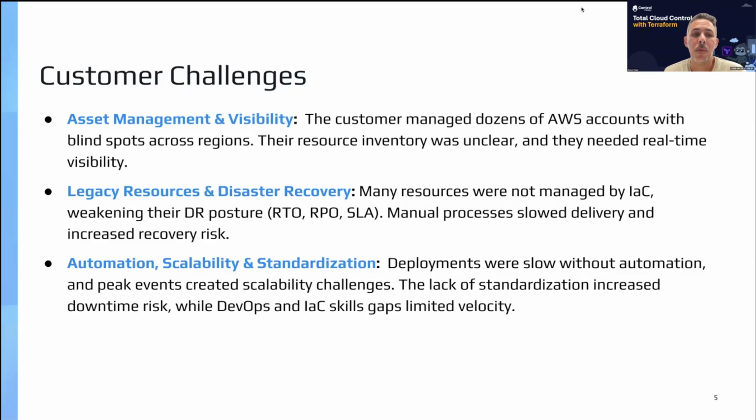And eventually the lack of standardization increased their risk for downtime. Also, onboarding new engineers to the team with different skill sets and experience impacted their velocity. And they were looking for a solution that will actually help them with those three: asset management, disaster recovery, and automation standardization.